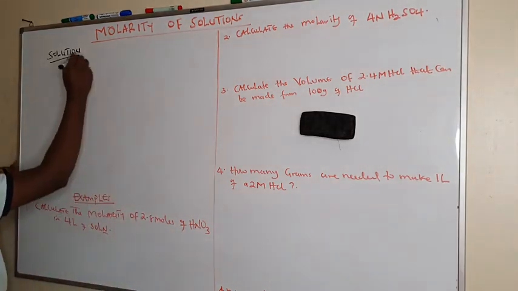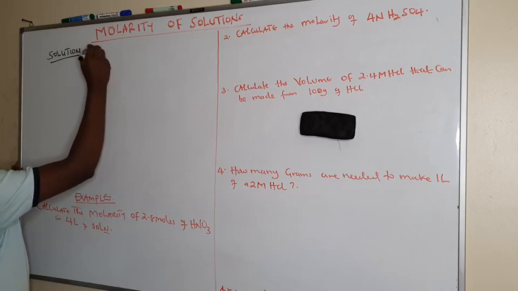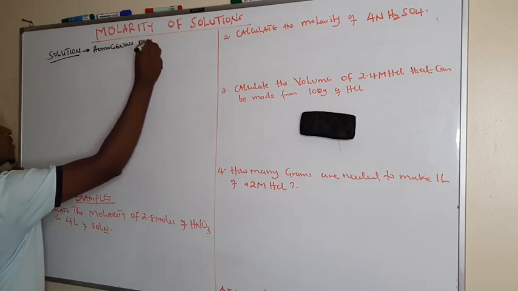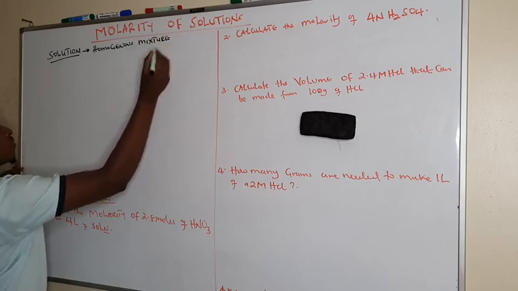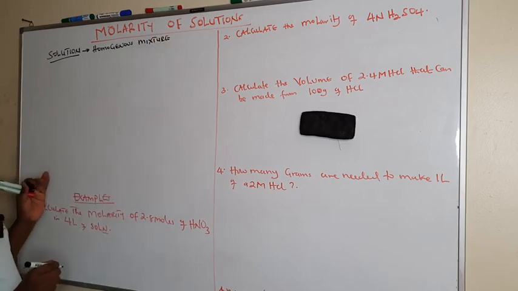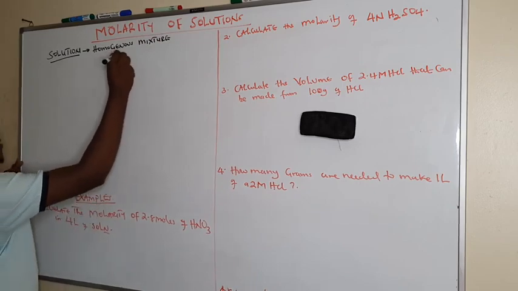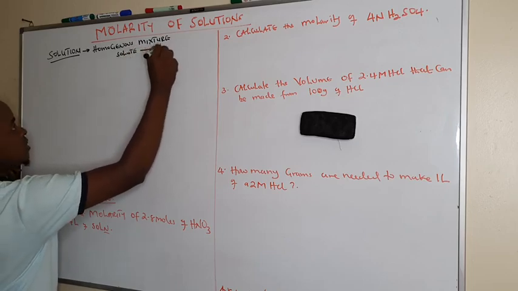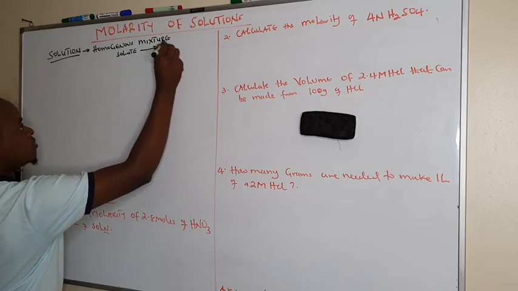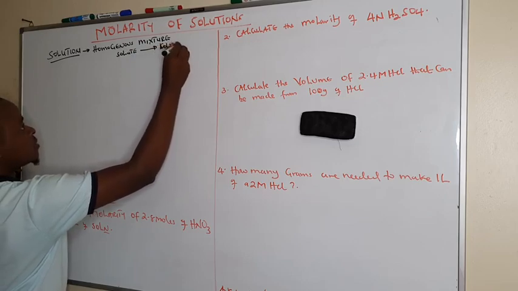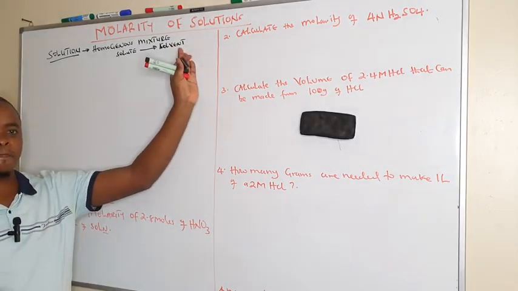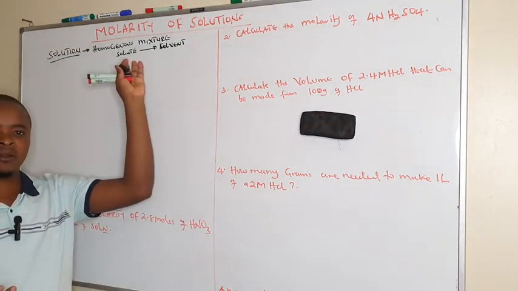So if I have a uniformly or homogeneous mixture, that is what we can call a solution, whereby you have a solute which is well mixed in a liquid, or what we call a solvent. And a solvent is the one which is always high in amount, while a solute is smaller in amount.